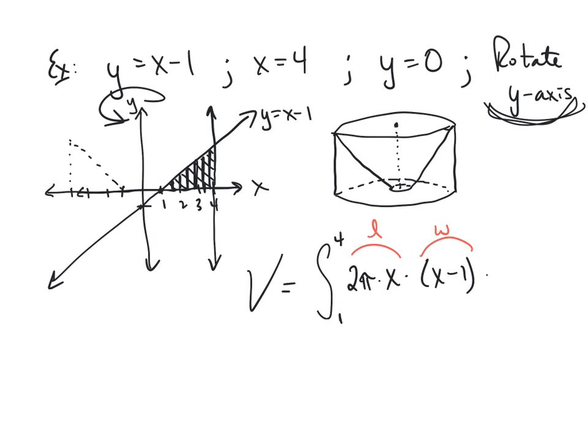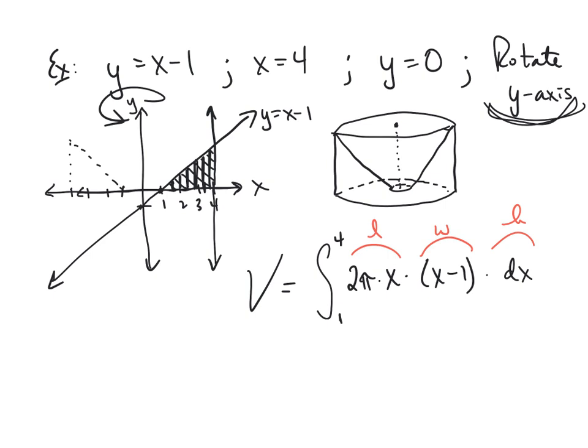And then finally, the height of every one of the layers, because we're going around the y-axis, is going to be the differential dx. And there's the complete setup then for our integration. Okay? We have the limits of integration off the x-axis. The radius of every layer is on the x-axis.